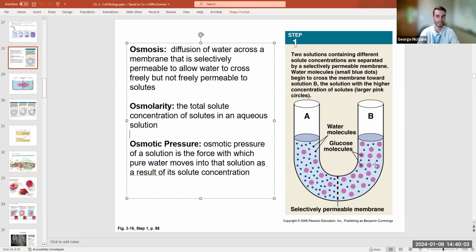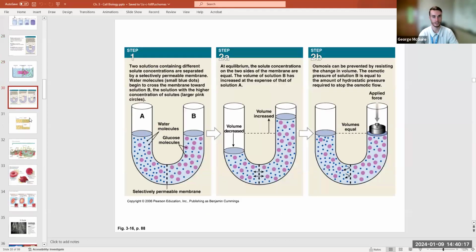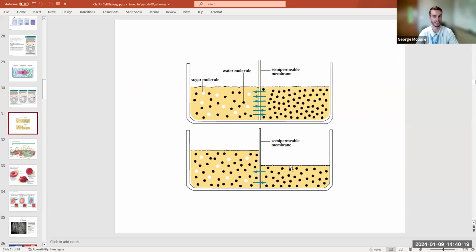Right? So the osmolarity of side B is higher than the osmolarity of side A, which creates osmotic pressure, driving water to move from side A into side B. And then the rest of these are kind of just images depicting this idea in different ways.